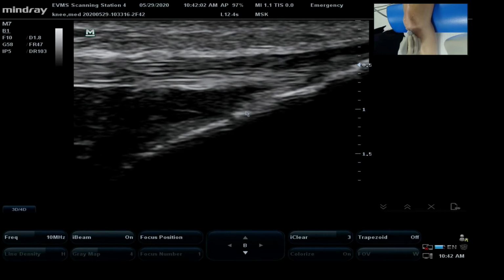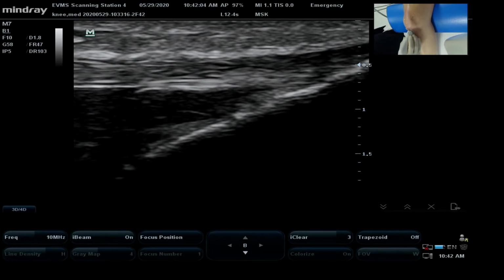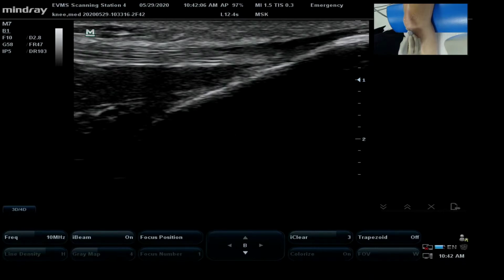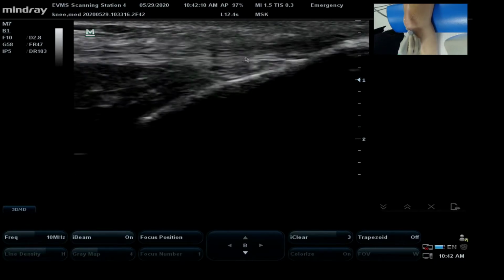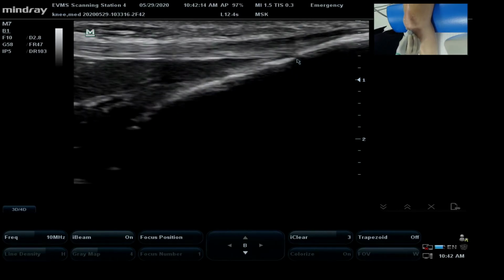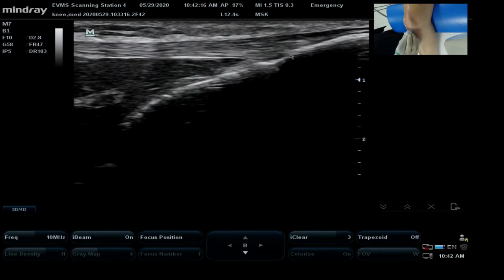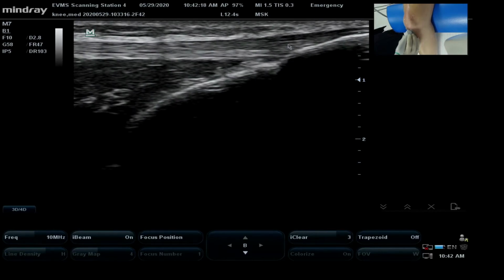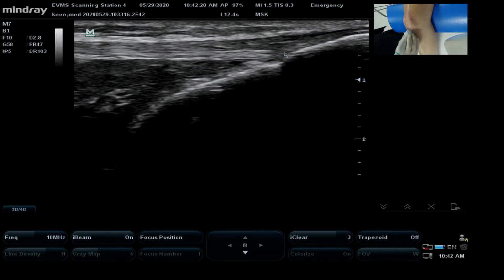Now, if you need a little bit of perspective, go ahead and change your depth again, just to give us a little bit of perspective of this whole knee joint. And you can see the effects of anisotropy here. I'm going to put a little bit of pressure, heel toe, and really straighten out these fibers so that I can compensate for that anisotropy.